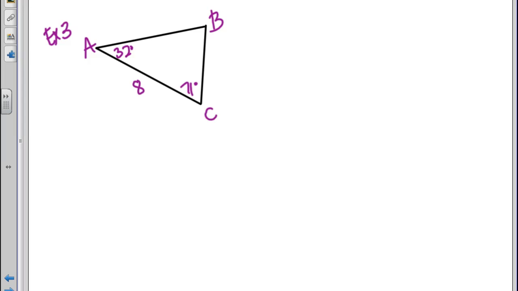All right, we want to solve the triangle, which means we are going to find all 3 sides. We'll find little c, we'll find little a, and we're going to find the measure of angle B. All right, so we'll find all 3 of those.